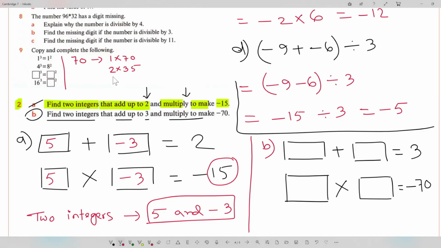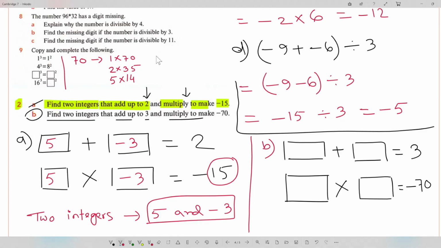So we can write, suppose 5 times 14 is what? 70, but it's not possible. 14 minus 5 is not 3, or 14 plus 5 is not 3. So what about the next one?